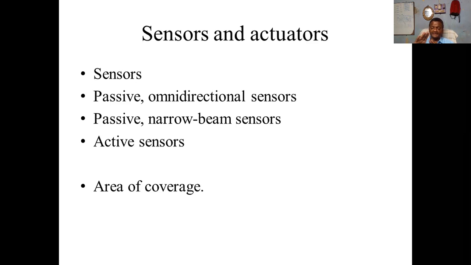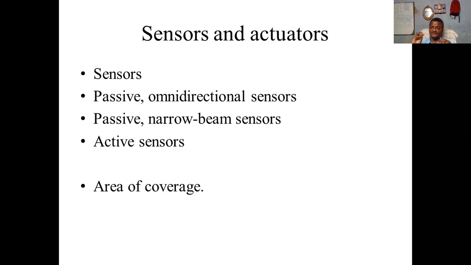Sensors and actuators. You already know the sensor. A sensor senses the physical quantity from the environment, whatever that quantity may be, and converts it into a signal. Now this can act as a switch. Assume that.